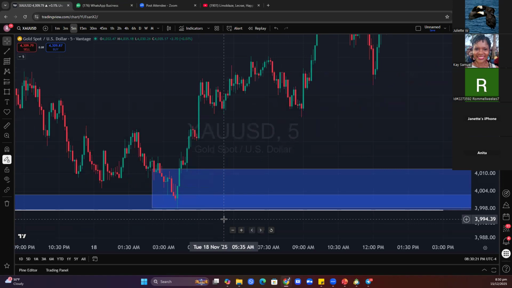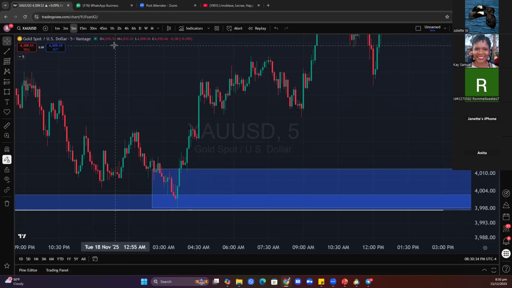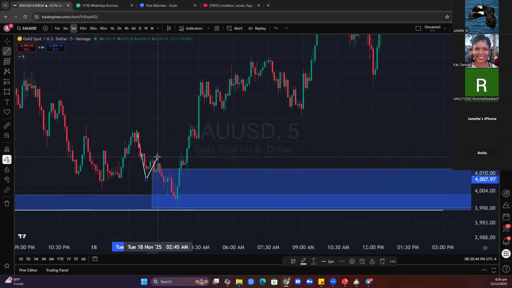From a 5 minute perspective, remember what we're looking for? We're looking for that engulfing candle, right? We're looking for the imbalance, and we're looking for that shift in structure. Remember, when price is trading down into your area, the market is creating highs and lows on a 5 minute perspective.